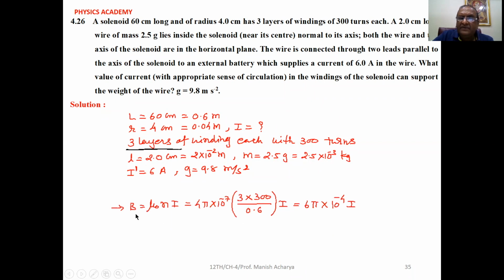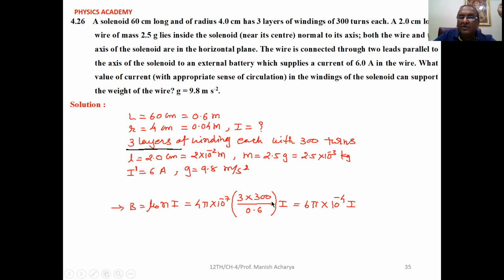Now see, inside the solenoid, the magnetic field produced, that is mu 0 n I. Mu 0, that is 4 pi into 10 raised to minus 7. And n is the number of turns per unit length. Here, total number of turns, that is 3 into 300. 3 layers are there, and in each layer 300 turns are there.